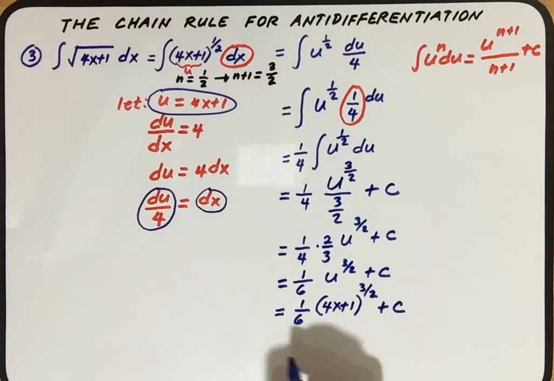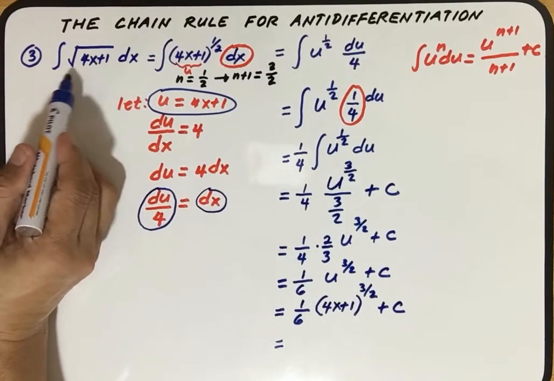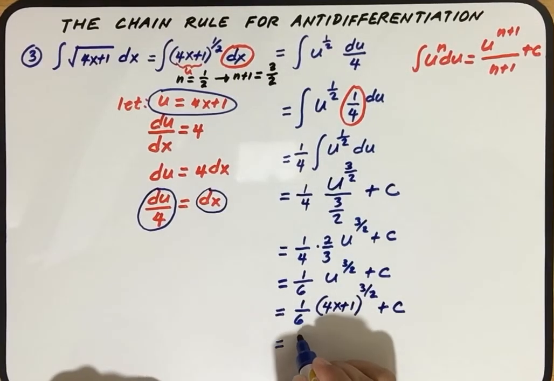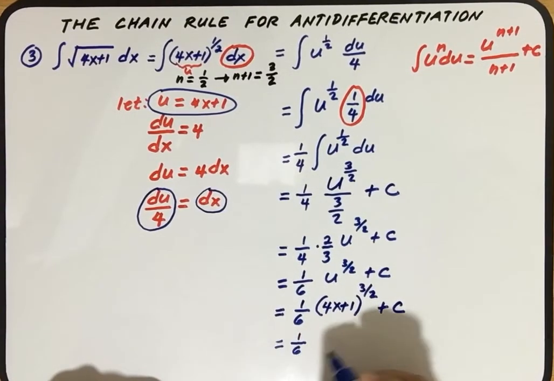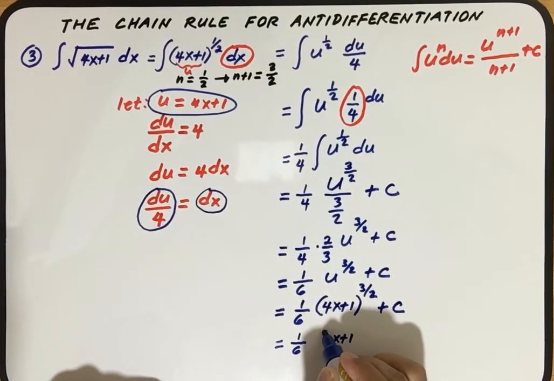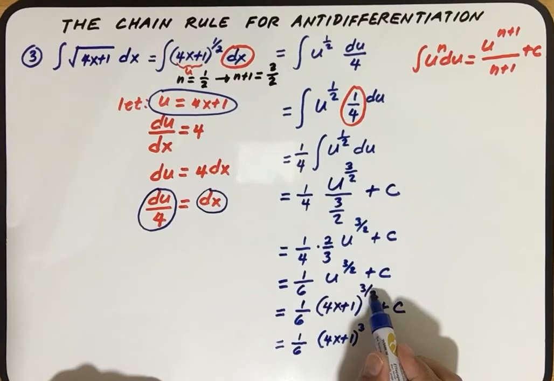Although this is already correct and can be the answer, we have to bring back the form similar to the given, which is in terms of radical. So how will you express this answer in radical? So 1/6, we can write this as 4x plus 1, then cube. So this is the 3 here, and the denominator, the 2, is the square root.